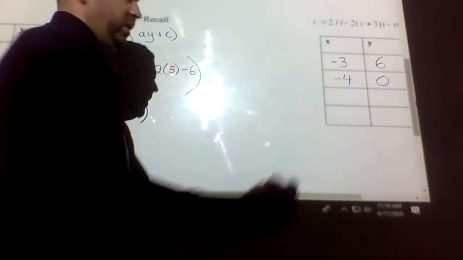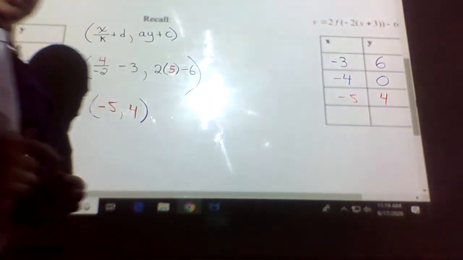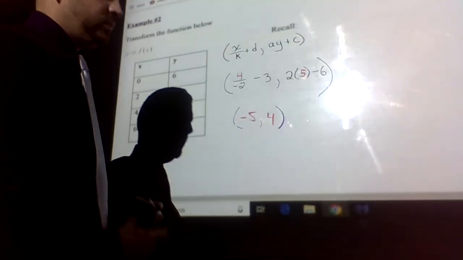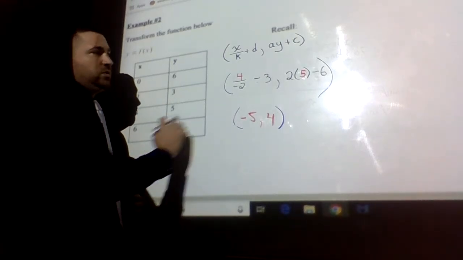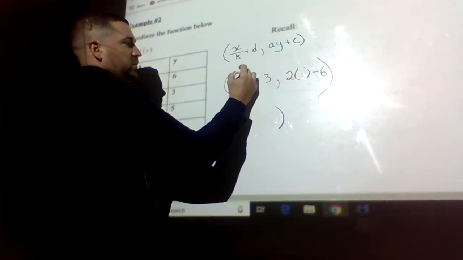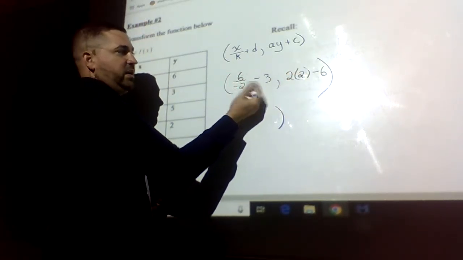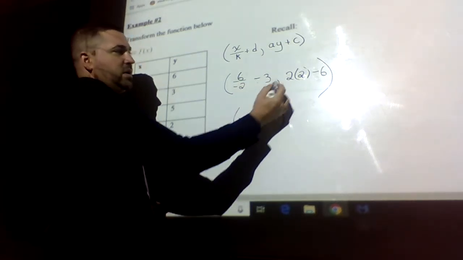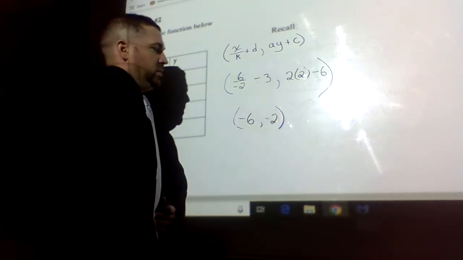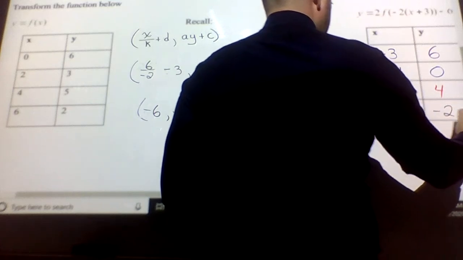Our transformed point is now negative 5 and 4. And our very last one is 6 and 2. 6 divided by negative 2 is negative 3. Subtract 3 is negative 6. 2 times 2 is 4. Minus 6 is negative 2. So our last point is now negative 6 and negative 2.